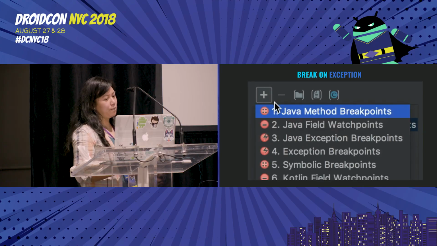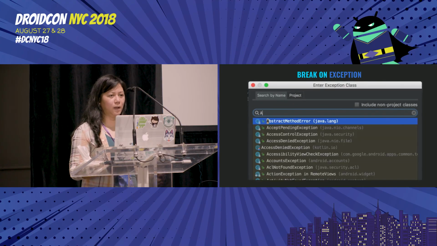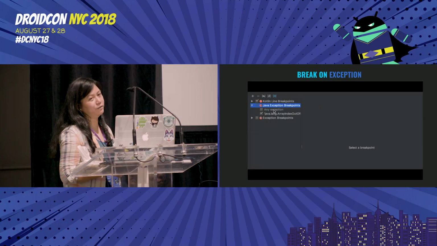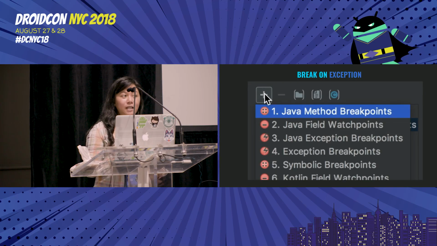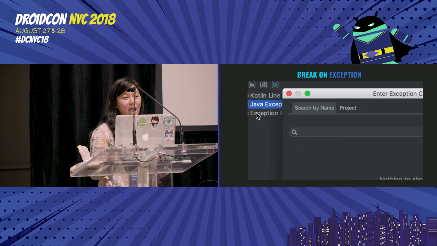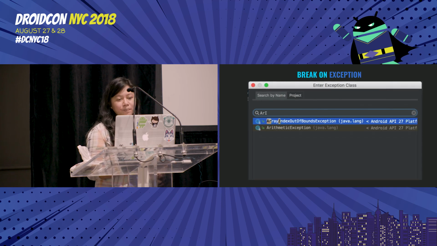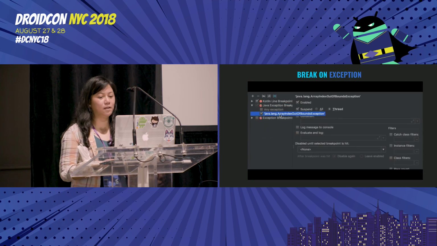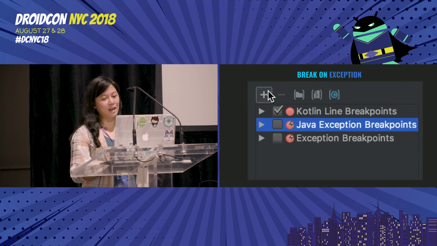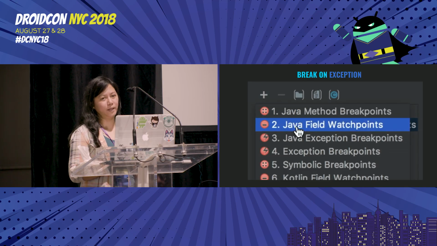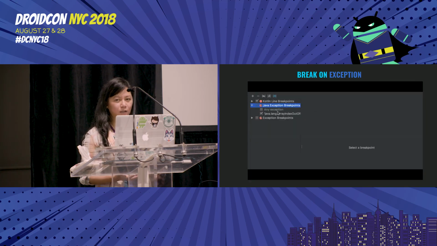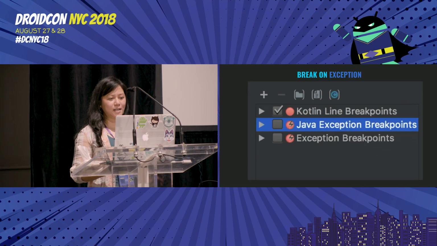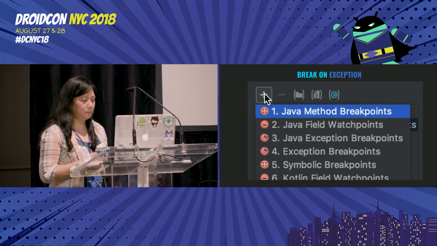If we set an exception breakpoint, in this case, I made a sample of an array index out of bounds exception, every time our app is about to crash due to this exception, IntelliJ will suspend the session at the exact line that is about to throw it. So then when we're stopped at that line, we can inspect what's going on and figure out what's happening under the hood.